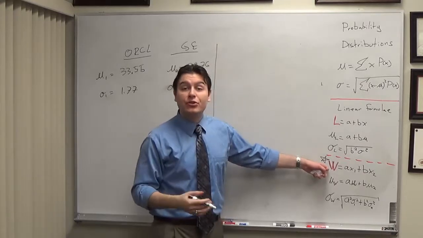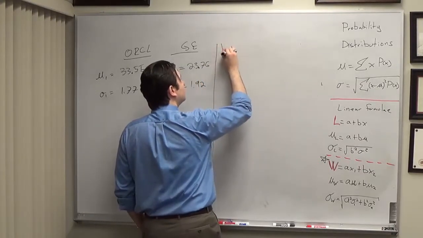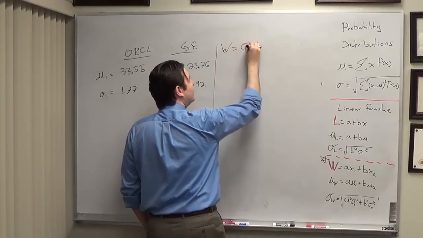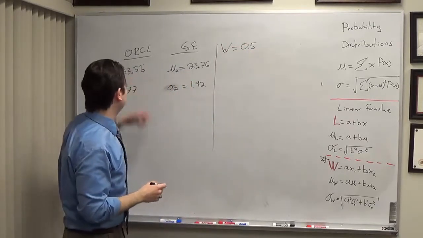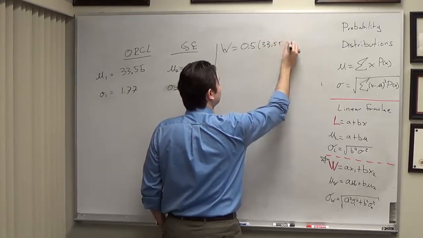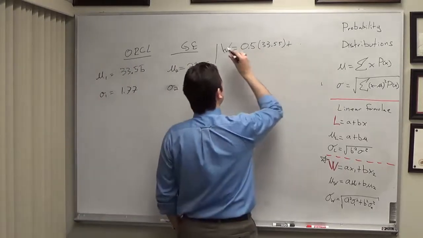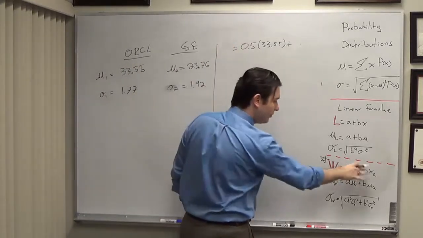What I'm building for you is a W formula, where I have 0.5 coming from Oracle and I have 0.5 coming from GE. This isn't really my W formula anymore, is it?